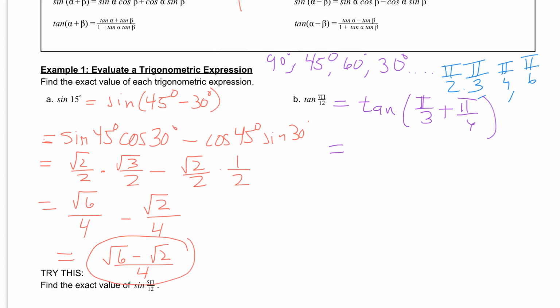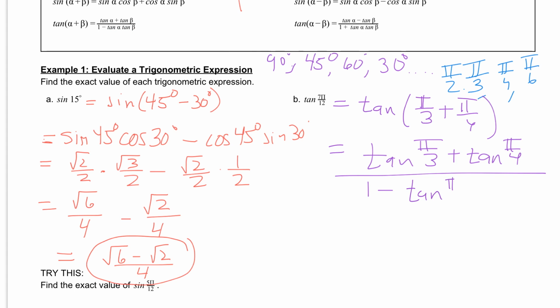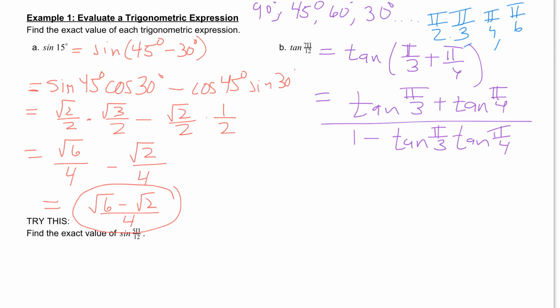So we're going to have the tangent of pi over 3 plus the tangent of pi over 4 all over 1 minus, so again now we're in the denominator, 1 minus, and we're going to multiply the two tangents together. So tangent of pi over 3 times the tangent of pi over 4.